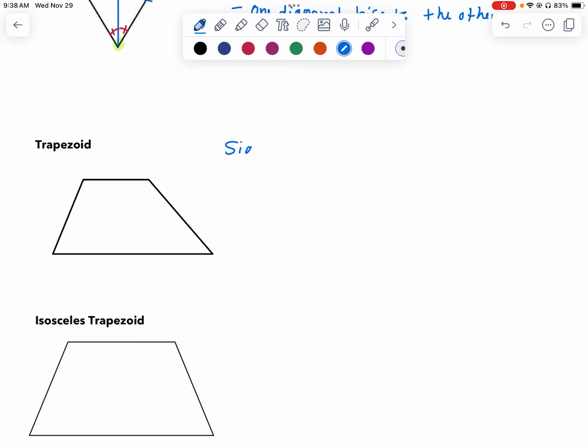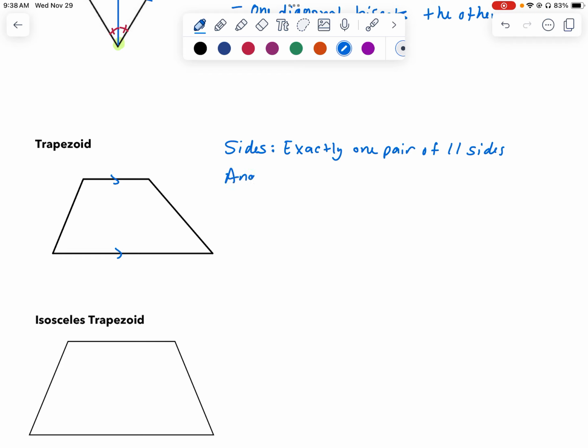Alrighty, we don't have a ton of properties, so this is going to go pretty quick. The sides: in this case, we have exactly one pair of parallel sides. For angles, the opposite angles are definitely not congruent to each other, so we cannot say that.